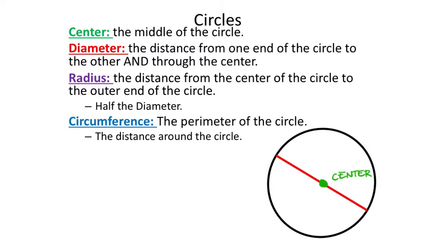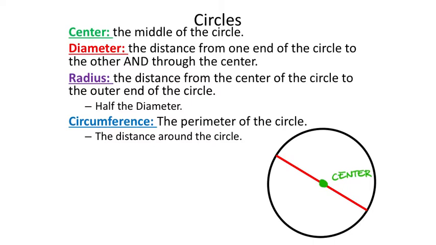Diameter is another vocabulary word we're going to have to be familiar with, not only in this lesson, but this unit. It's the distance from one end of the circle to the other end of the circle, but it has to go through the center. So it's like this red line right here. This would be considered a diameter. It's not the only diameter. For example, you could go from this edge of the circle through the center to this other edge as well, and that would be considered a diameter as well.